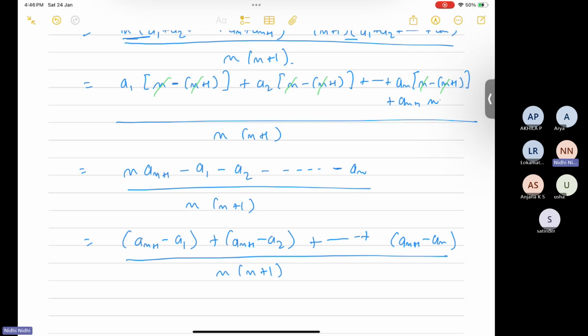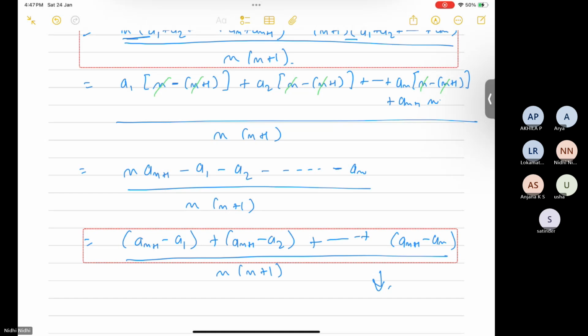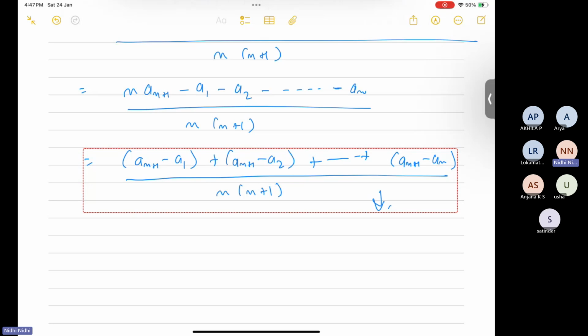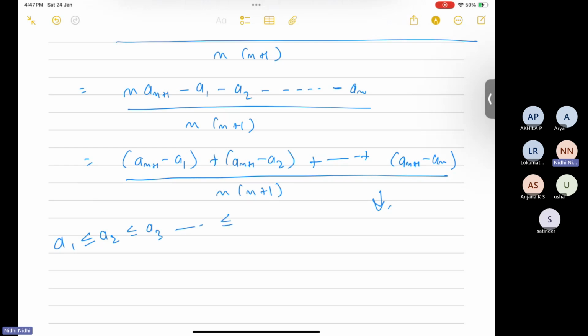Now what can we say about the positivity or negativity of this term? The sequence an is increasing, so it will definitely be positive. Since the sequence an is increasing, we always have a1 less than or equal to a2 less than or equal to a3 and so on up till an, which is less than or equal to an plus 1.